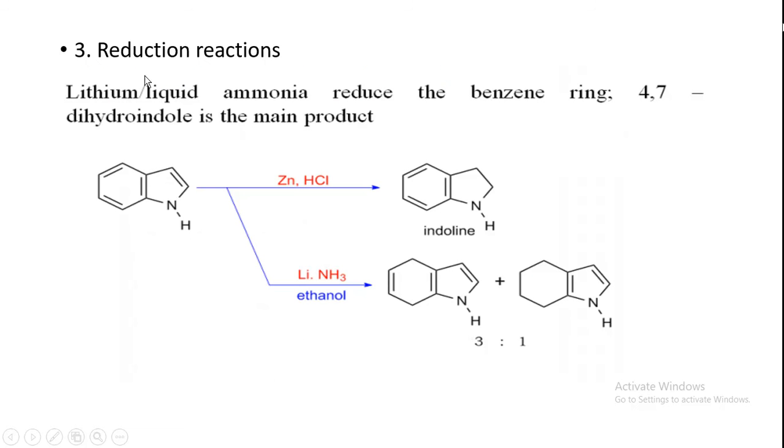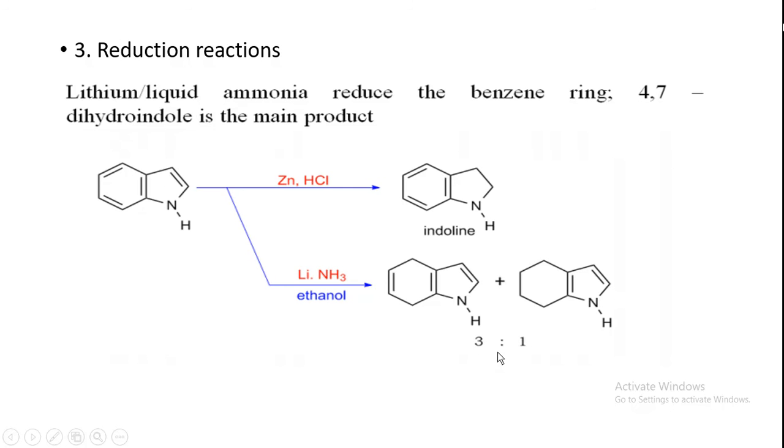So next, reduction reaction. Reduction means addition of hydrogen or removal of oxygen. Lithium in liquid ammonia reduces the benzene ring to 4,7-dihydroindole as the main product. Zinc HCl, we know it is a reducing agent, so it will form indoline, but lithium in liquid ammonia and ethanol, which one will it form? 4,7-dihydroindole is the main product.